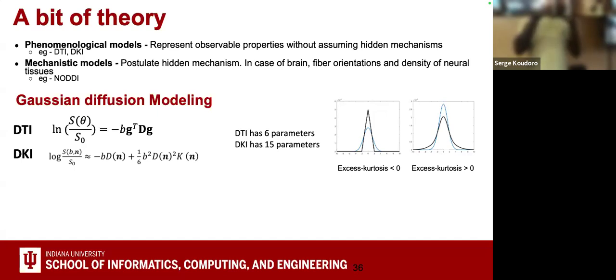Every voxel in your image is represented like a Gaussian, okay? We make this assumption of a Gaussian because we assume that the water is free to move everywhere. When DKI was introduced, it said, hey, no, the water is not free everywhere. There are some parts in the fiber where it is constrained. Because of that, the Gaussian model that you have on every voxel is not perfect every time. Sometimes you have more, sometimes you have less.